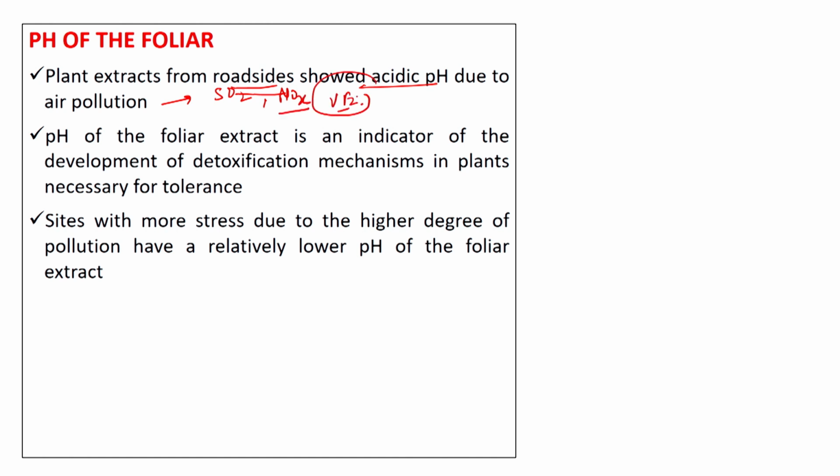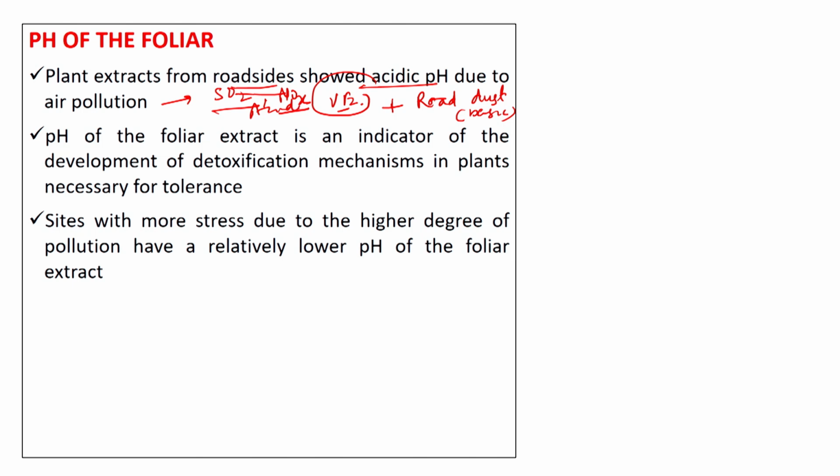These vehicular emissions produce SO2 and NOx, and the pH will be mostly affected by these, though it can be neutralized by the road dust, because road dust is basic in nature. Okay. And these two will be producing acids.